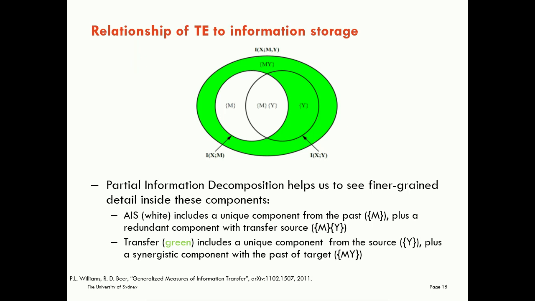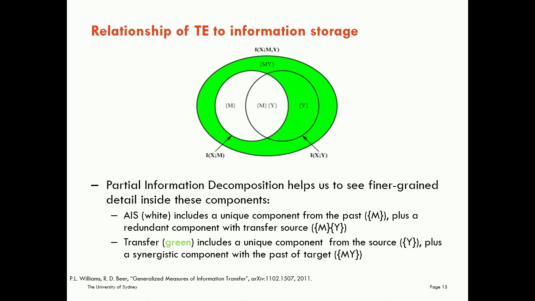In a similar vein, I just want to touch on the partial information decomposition, which I mentioned very briefly earlier in our course when we were thinking about the conditional mutual information and how it was different to the unconditioned version.